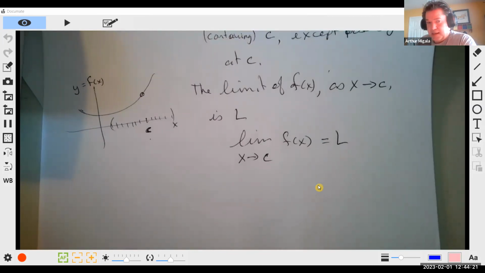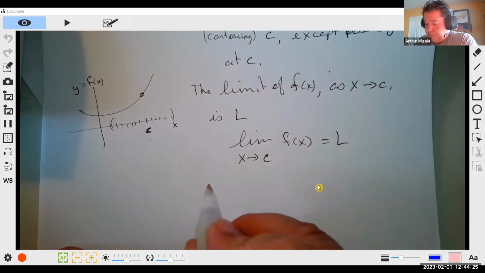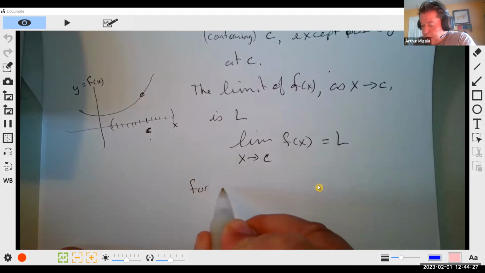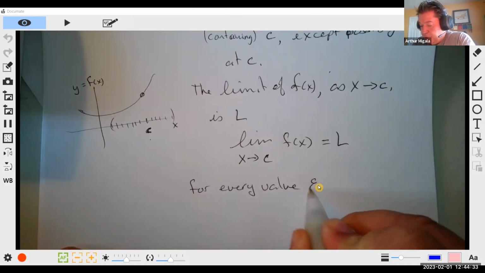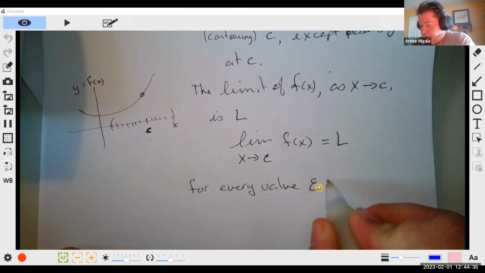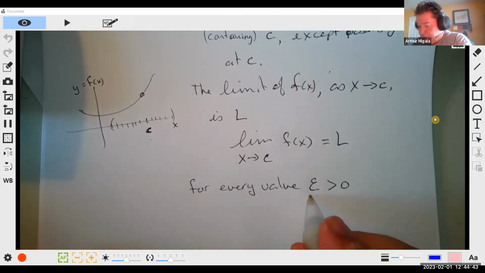So now, to further prove this, for every value epsilon, it's got to be positive, because we only deal with positive values here. It's hard to describe negative distances, because epsilon is a distance.